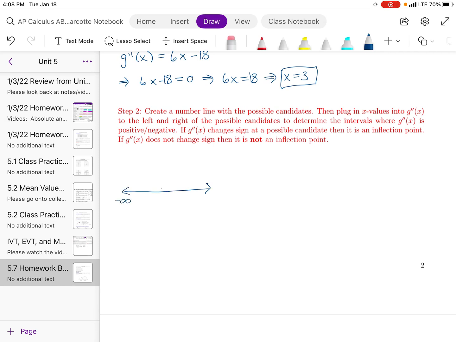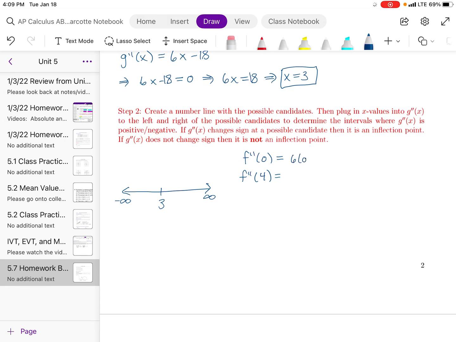So I have negative infinity to 3 and then 3 to infinity, and I'm going to pick a number that's to the left of 3, so I'm going to pick 0. And then to the right of 3, I'm going to pick 4. And remember, I'm plugging it into the second derivative because I want to figure out if the second derivative changes sign at x equals 3. In other words, does it change concavity?